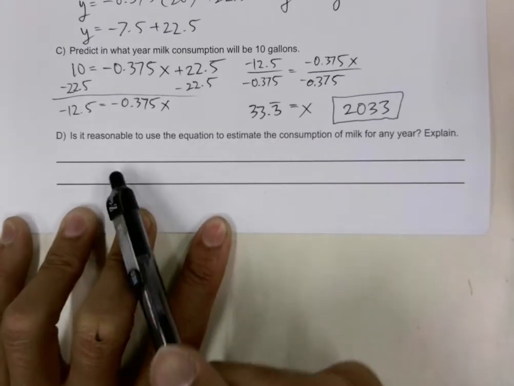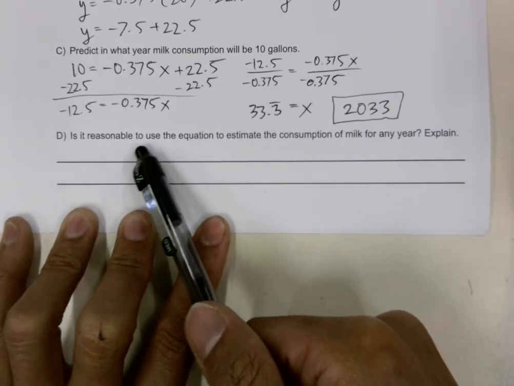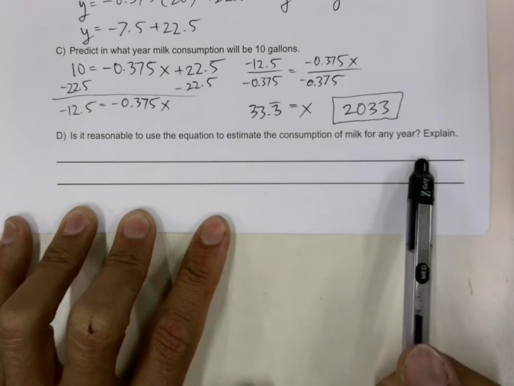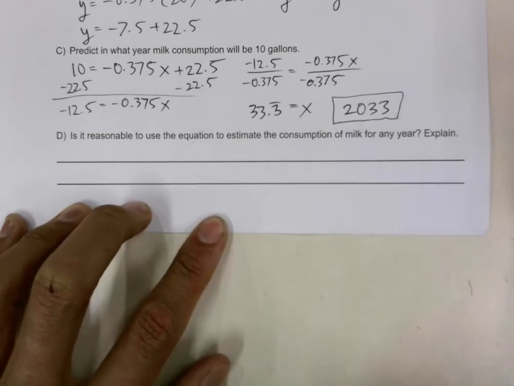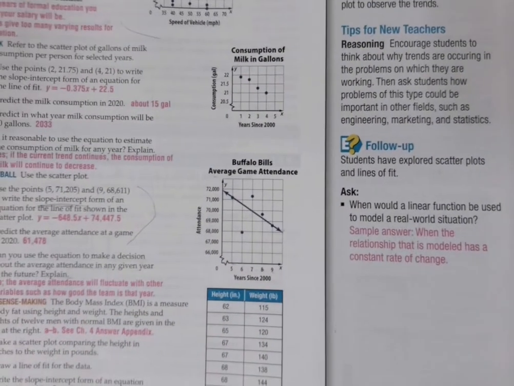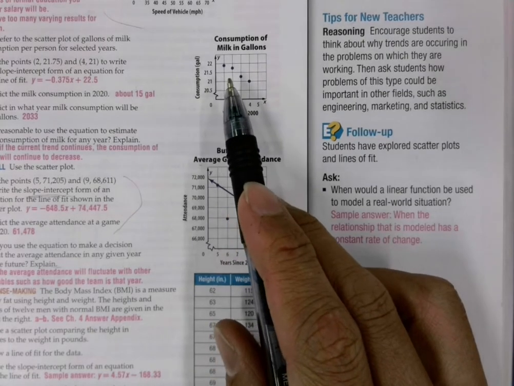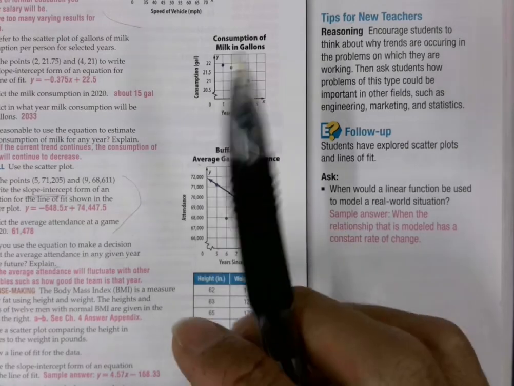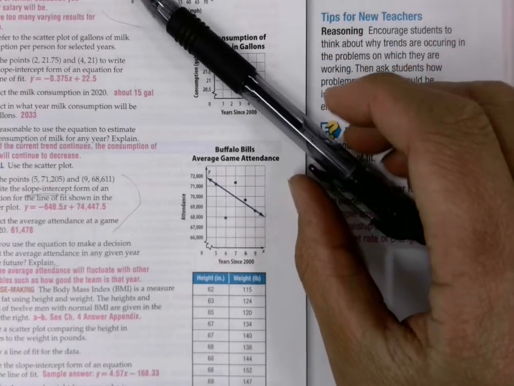Now our final question is it reasonable to use the equation to estimate the consumption of milk for any year? Explain. Well, if we're looking at this chart here, we can see that there is a trend as every year moves on, and the rate is staying the same. Right?